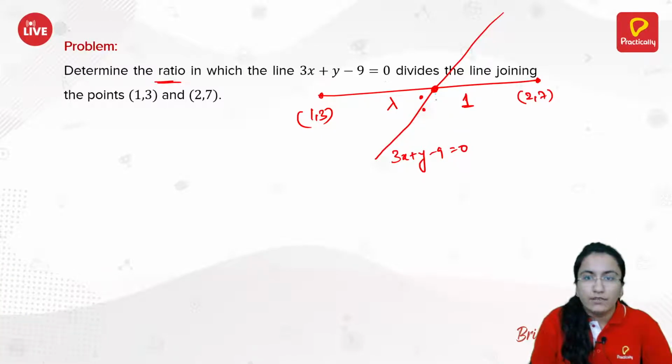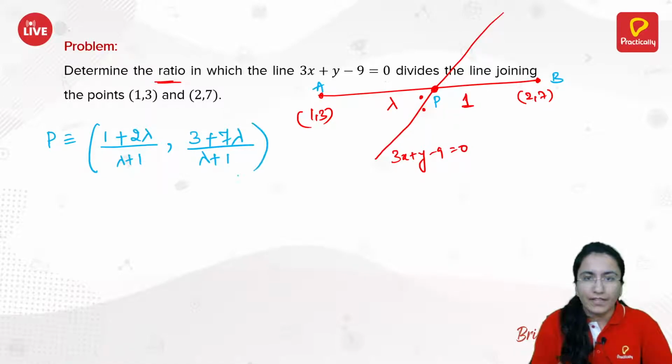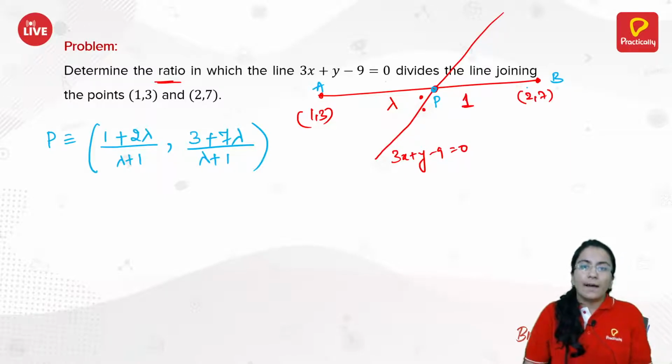Let me name this point P, this point A, and this point B. So the coordinates of point P will be the same as: 1 into 1, 1 plus 2 into lambda, divided by lambda plus 1. Now just write the y coordinates: 3 into 1, 3 plus 7 into lambda, divided by lambda plus 1 again. So you have this point which divides the line segment AB in the ratio lambda is to 1.